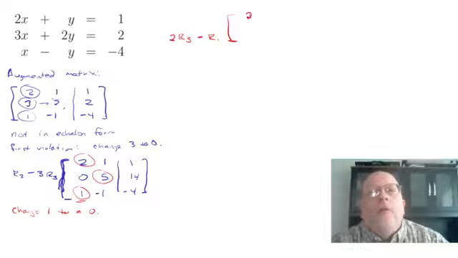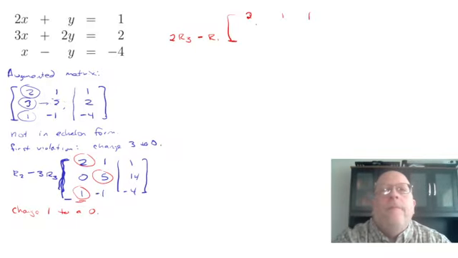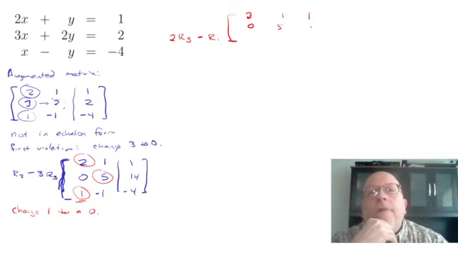So the top row is still 2, 1, and 1. The next row is 0, 5 and 14. And the bottom row now, 2 minus 2 is going to be 0. -2 minus 2 is going to be -4.